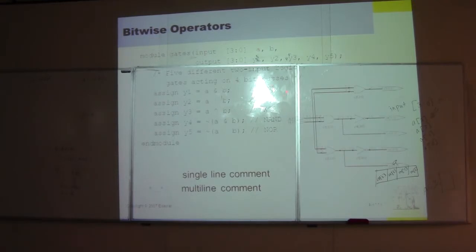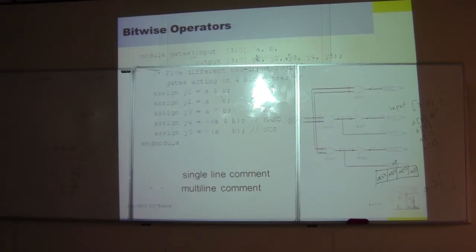Same for this line. So here A is 4 bits, B is 4 bits, and Y1, Y2, Y3, Y4, Y5, all of them are 4 bits.